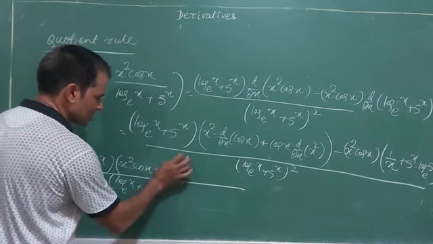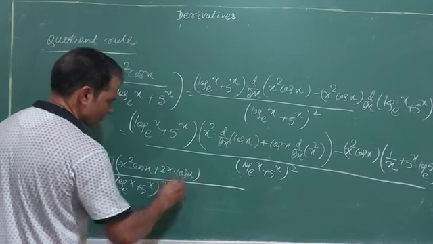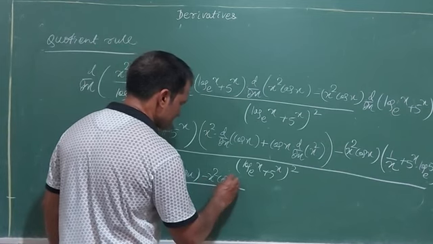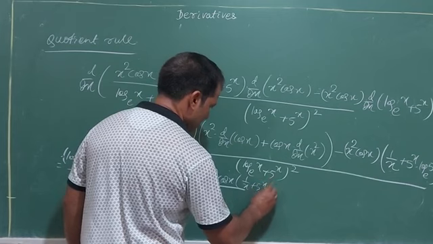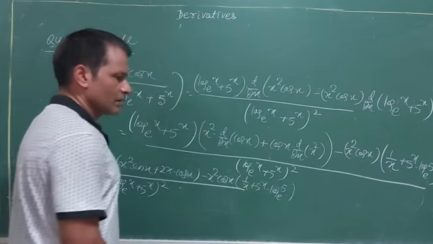So don't write it as 2x at the end, write it like this: 2x into cos x, minus x square cos x into 1 by x plus 5 to the power x into log e 5.